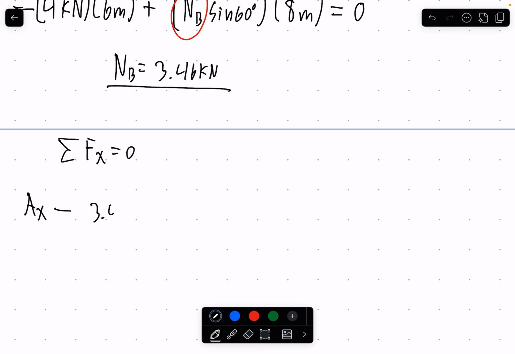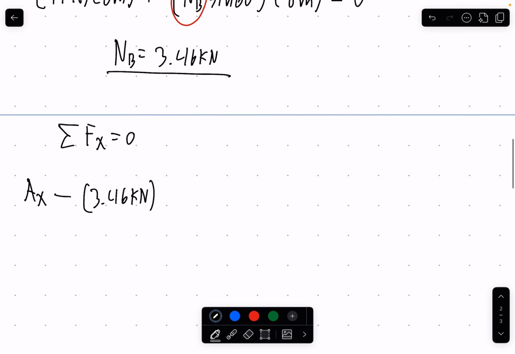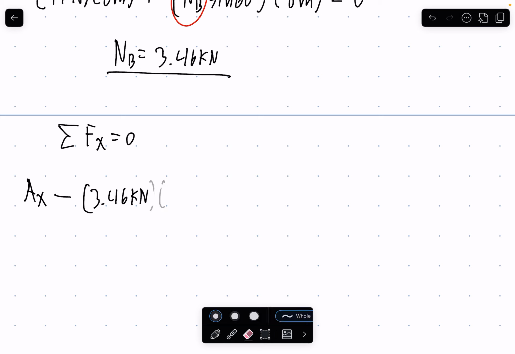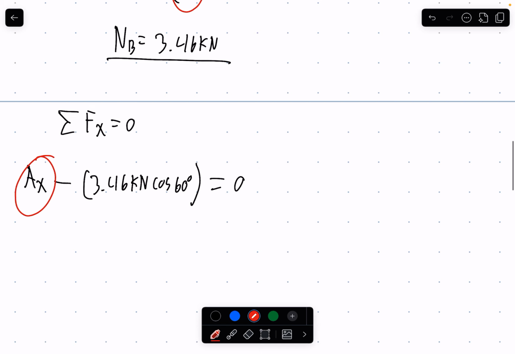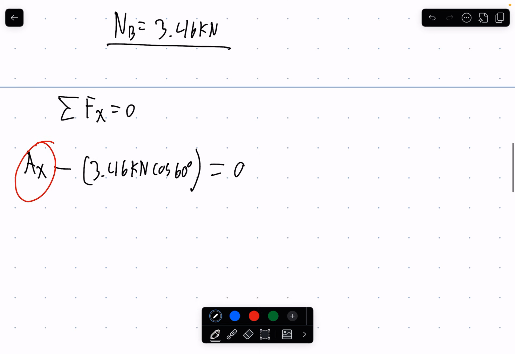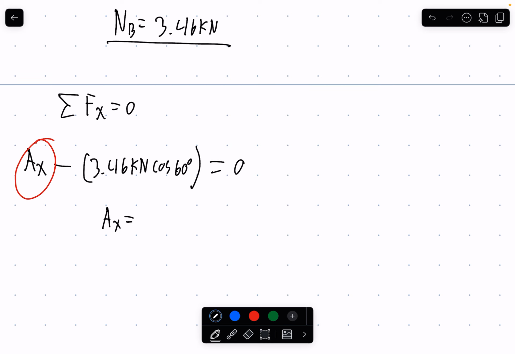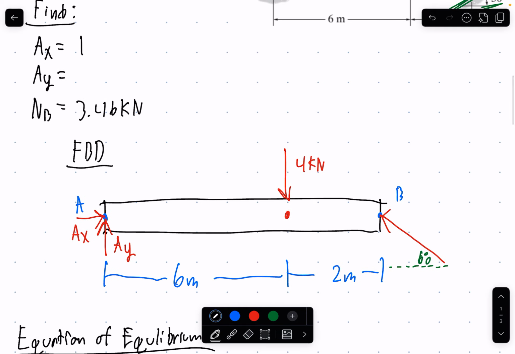We know that reaction at B is 3.46 kilonewtons, and we're looking for the horizontal reaction, so we'll take the cosine of 60 of that. Set that equal to 0 because the beam is at rest in terms of the x-axis. One unknown, pretty easy to solve for. Plug into your calculator. You should find AX is equal to 1.73 kilonewtons. That's going to be your second find variable, so write it up here, 1.73 kilonewtons.